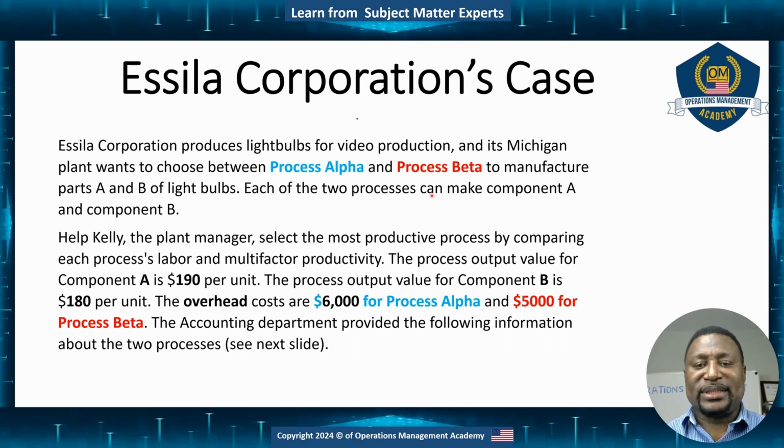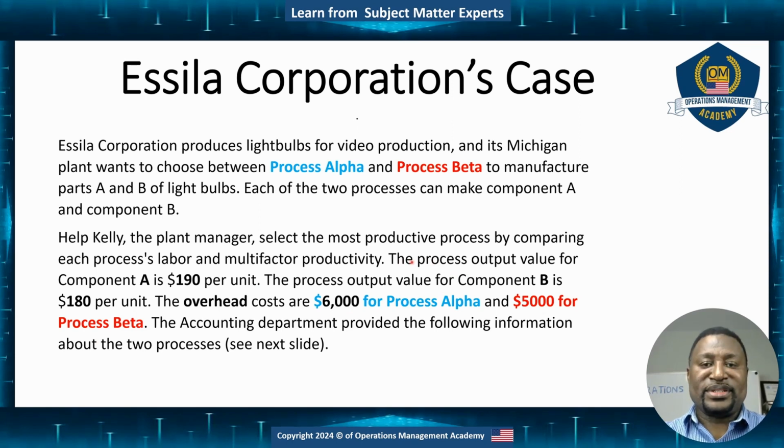Each of the two processes can make components A and B, but here we want you to help Kelly, the plant manager, select the most productive process by comparing each process's multi-factor productivity.